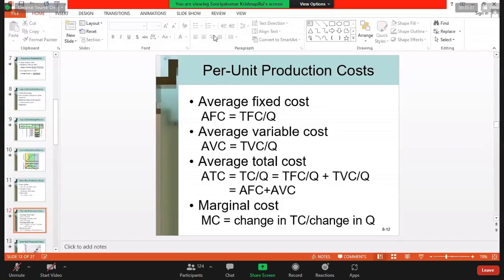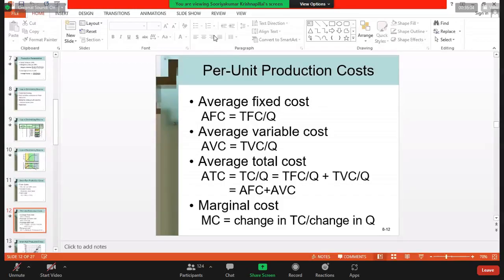Marginal cost is the change in total cost over the change in quantity. If we produce an additional unit of output, there is a change in total cost or total variable cost.